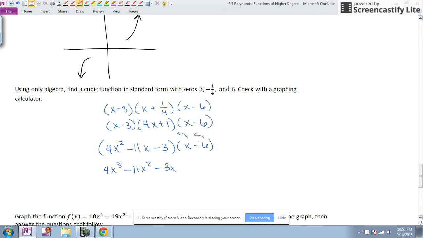Now I can distribute the negative 6 through, and I get negative 24x squared, and I get 66x, and I get 18. And so my final answer for this would be 4x cubed minus 35x squared plus 63x plus 18.